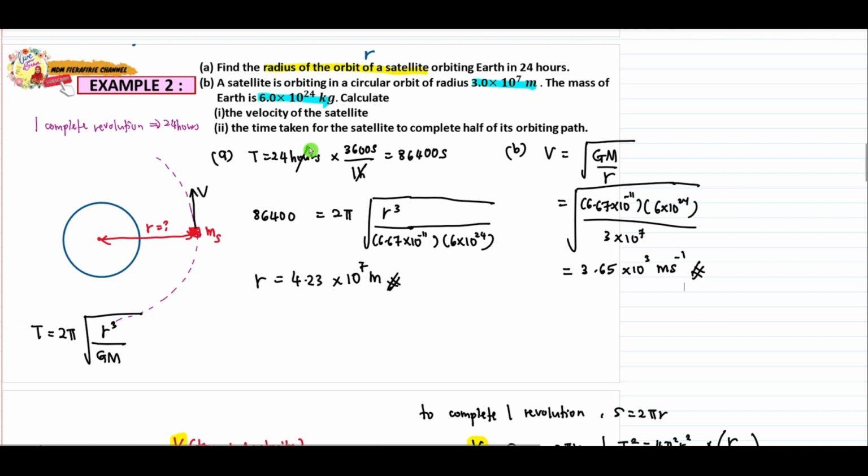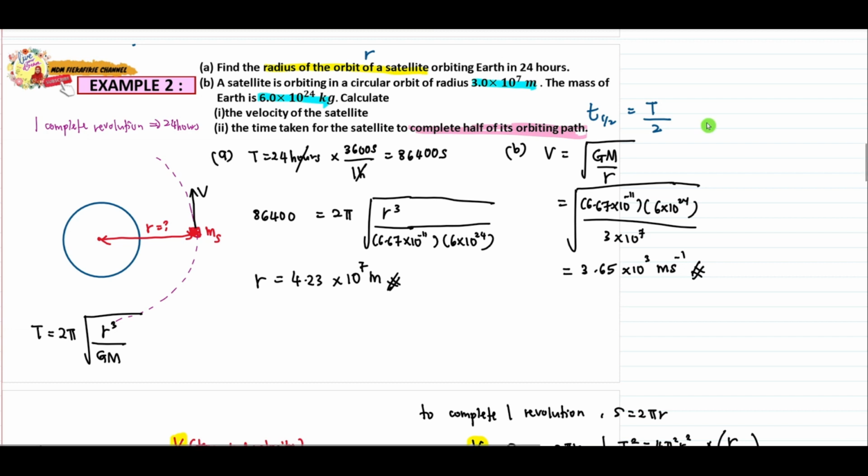And B2, calculate the time taken for the satellite to complete half of its orbiting path. So read the question carefully, it wants us to calculate the time taken to complete half, half an orbit, half a circle. So we have to find capital T first, and then we can find small t, which is capital T, the period, over 2.